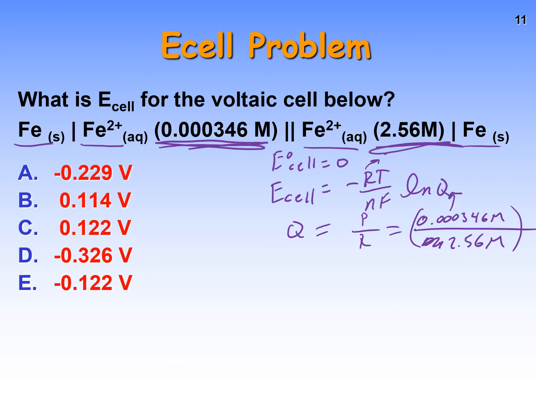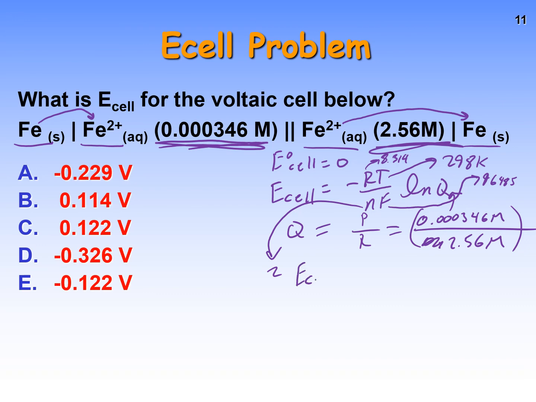We know R is 8.314, and T, because we weren't given temperature, we assumed 298. F is 96,485 joules per mole per volt. And n is 2 in this case, because to go from Fe to Fe2+ we need to lose 2 electrons, and to go from Fe2+ to Fe solid you have to gain 2 electrons.